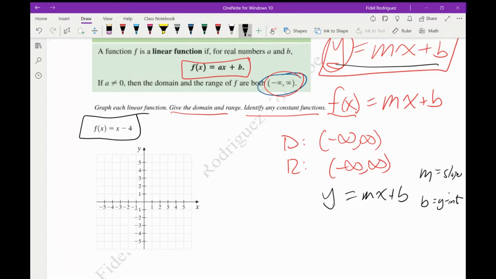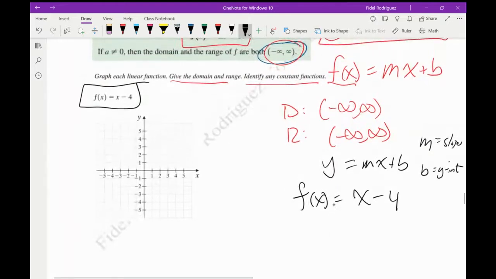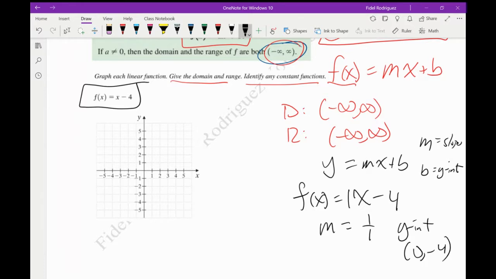And I look at the function that I have here, right, which is f of x equals x minus 4, then I can say, well, you know what? My slope here is 1 over 1 because it's the number in front of the x. And my y-intercept is the point 0 and negative 4. So all I'm going to do is, remember, my y-intercept always has an x-coordinate of 0, you guys.